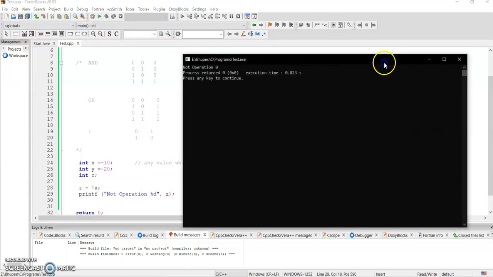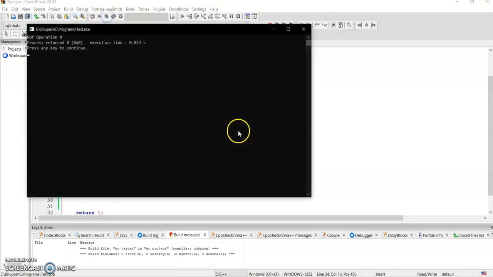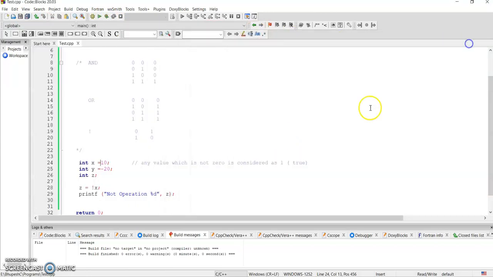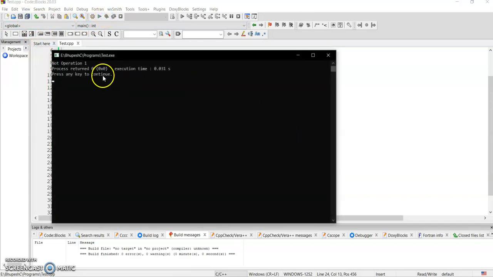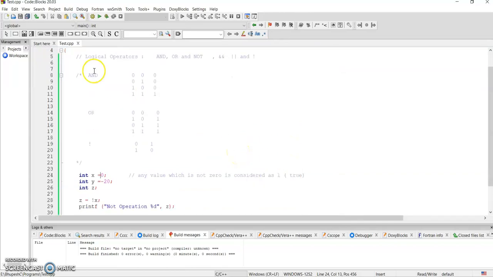Yes, the NOT operation gives 0 for minus 10. And if I write 10 also, it will give me 0. Now let me put this as 0. Now z will be 1. Yes, 1.